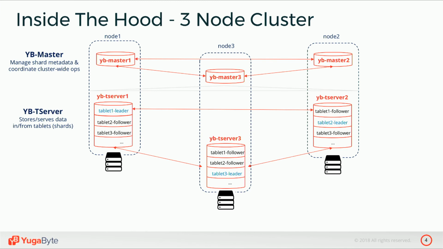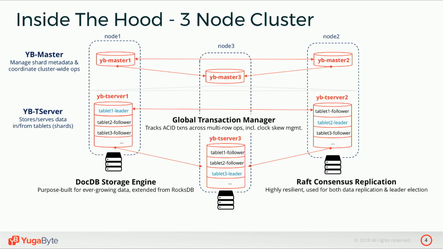The second process is the process that does the I/O. And this is very similar to Kubernetes' own architecture. There is a highly available master, and then there are slaves. These are called tablet servers here. They own pre-sharded chunks of data called tablets. And the tablet server has a document-based storage engine at the core, which is a heavily optimized and extended version of RocksDB for ever-growing data.